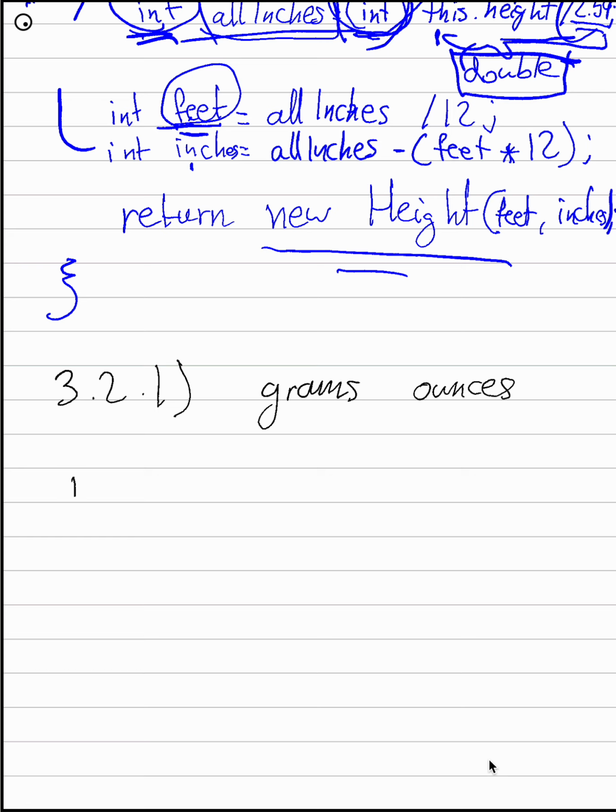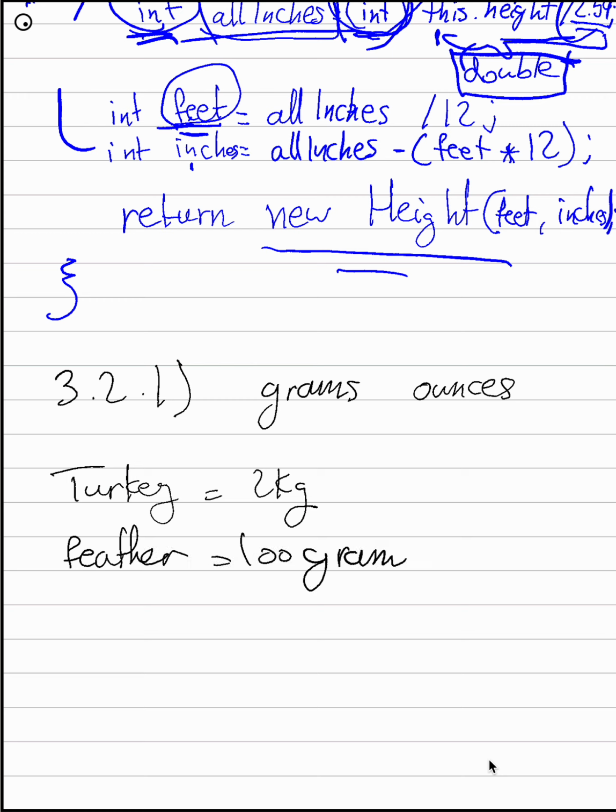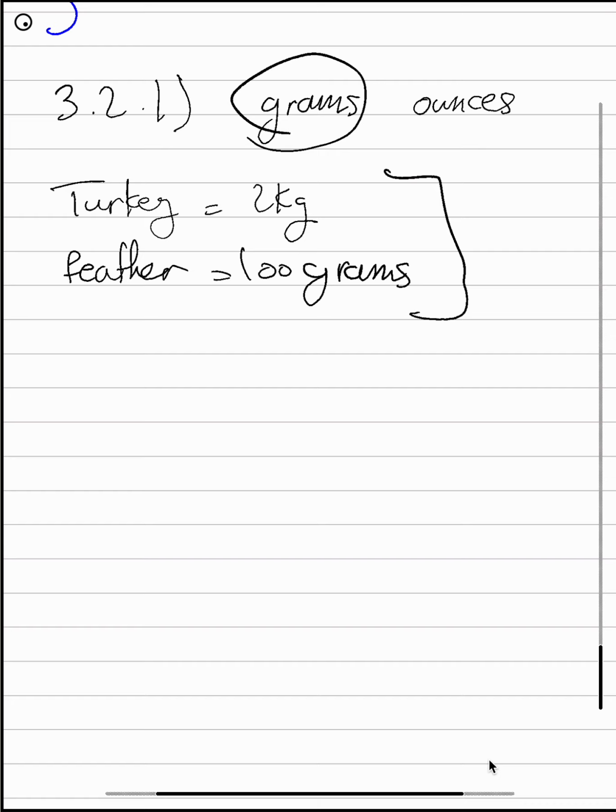So each turkey is about 2 kilograms, and each feather is about 100 grams. So what I want you to do is design a method that takes a weight in grams and returns it in Thanksgiving measures. So if you had some lunch, I want to know how much did you have in turkey and feather. Okay. Does that make sense? Yeah. I'm excited for you to do this. And then I'm excited for you to eat some turkey.